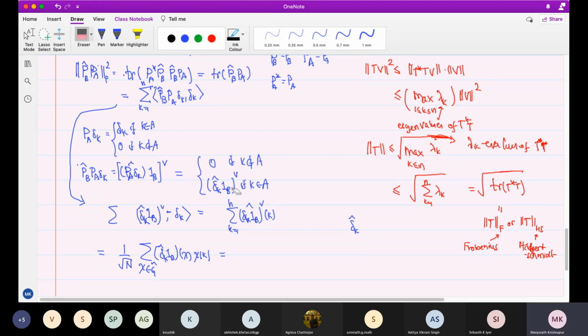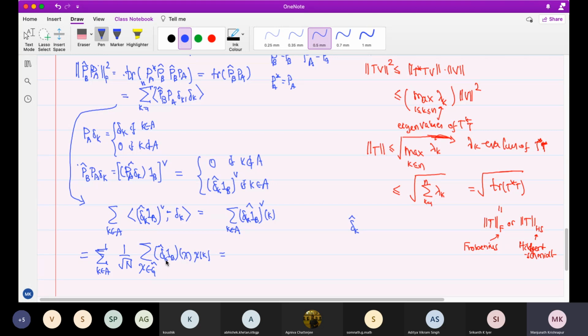So here it is actually only K in A, because otherwise this is 0. Now we have to do this sum. This is for a fixed K, and now we sum over K in A, right?